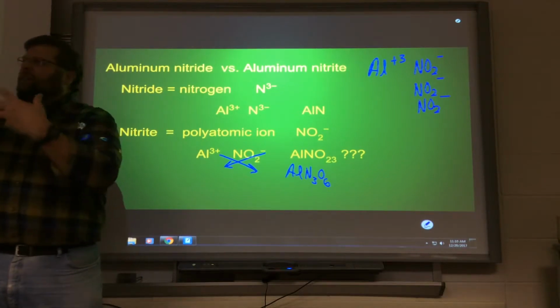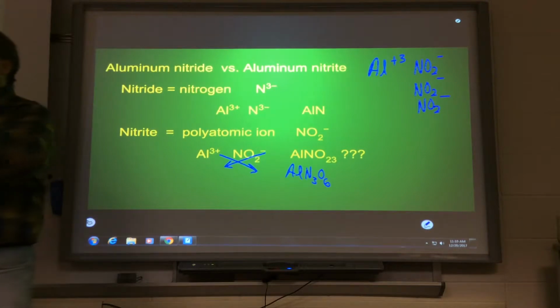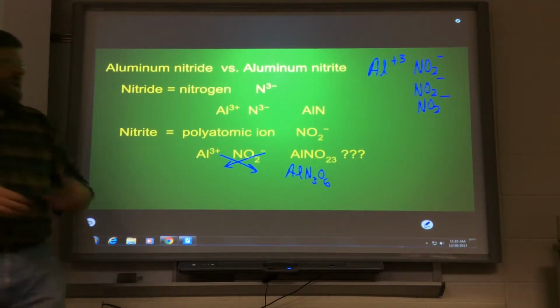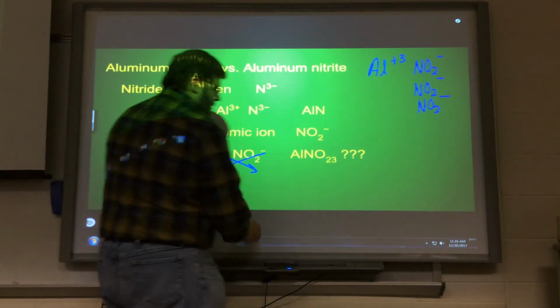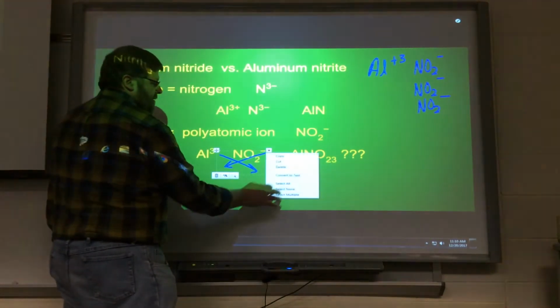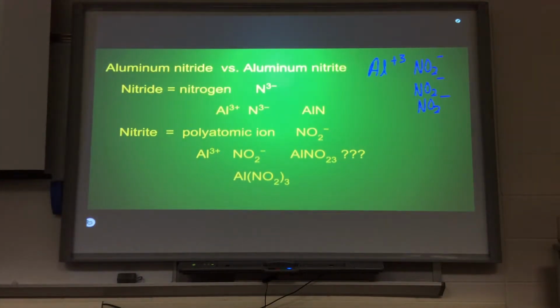So it'd be great if we could write out the formula to represent that those atoms, that 1 nitrogen and 2 oxygens, are together as a group. So the way we do that is we use parentheses.